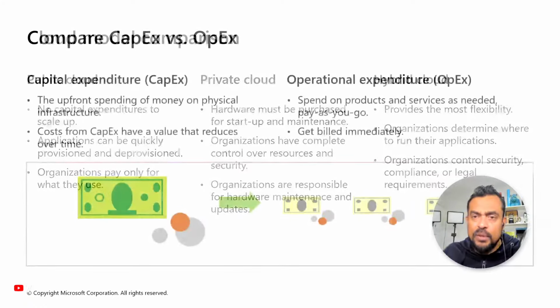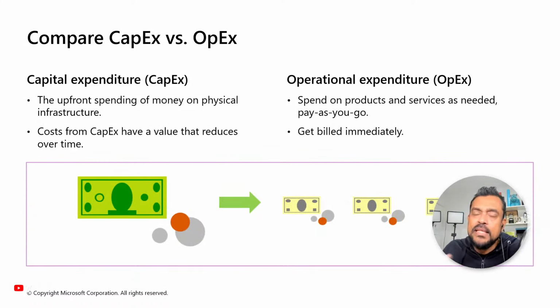And the next important thing is, if you compare CapEx and OpEx, what is CapEx and OpEx, guys? So CapEx is capital expenditure, OpEx is operational expenditure. CapEx, or capital expenditure, is the upfront spending of money on physical infrastructure.